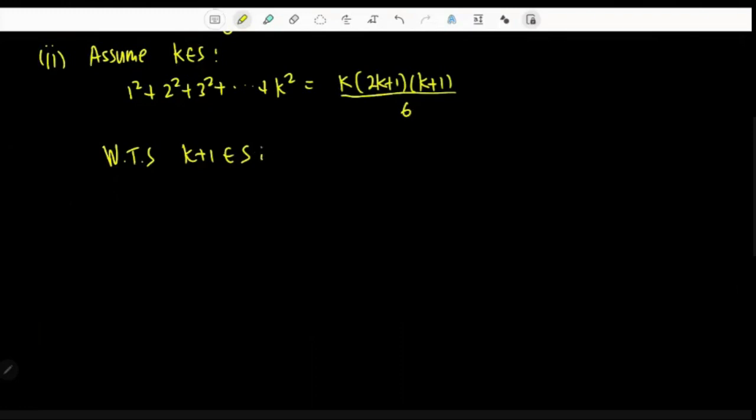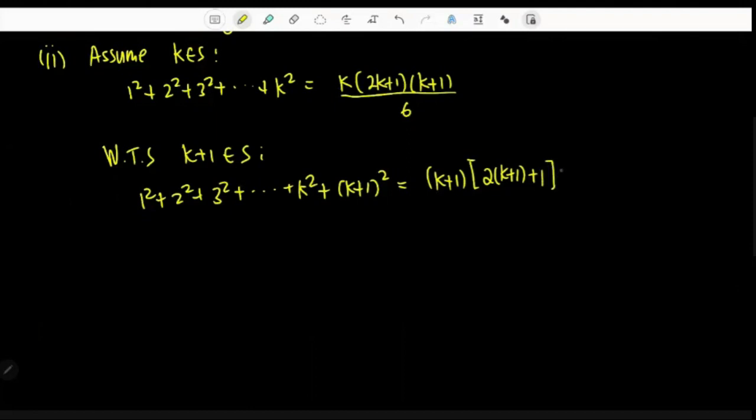That means k plus 1 also satisfies equation 1, that is, 1 squared plus 2 squared plus 3 squared and so on plus k squared, this time up to (k plus 1) squared, must be equal to (k plus 1) times the quantity (2(k plus 1) plus 1) times the quantity (k plus 1 plus 1) all over 6.